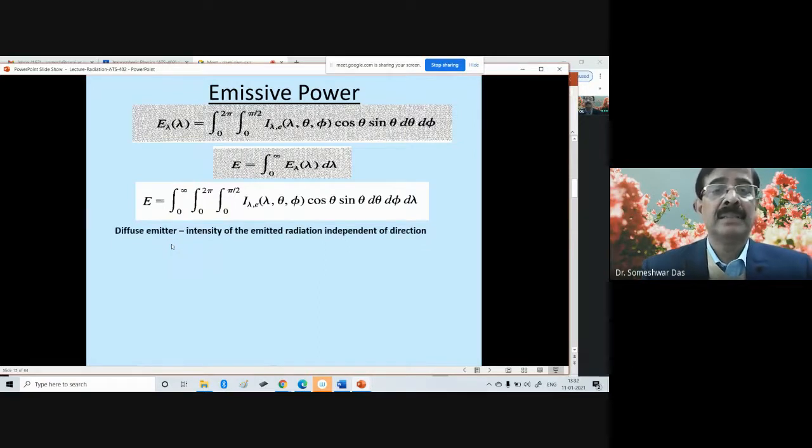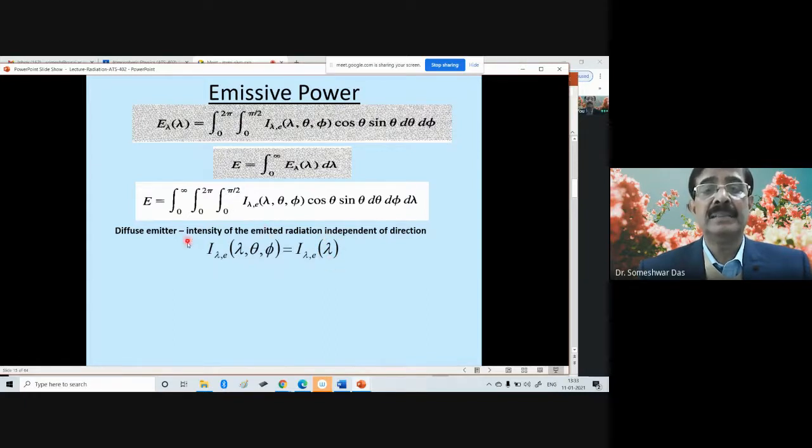The diffuse emitter is one where the intensity of the emitted radiation is independent of the direction. So I lambda E, a function of lambda, theta, phi, is equal to I lambda E, a function of lambda only.